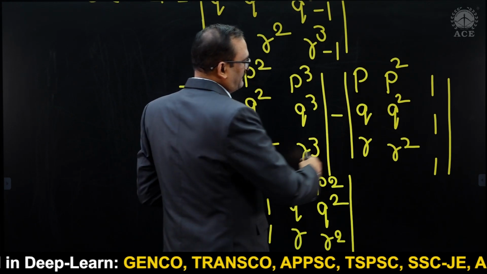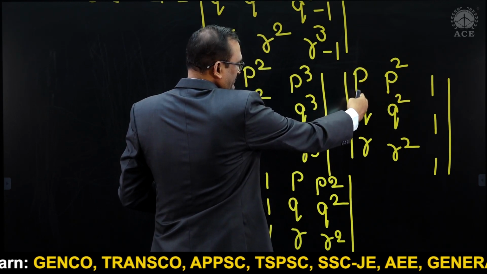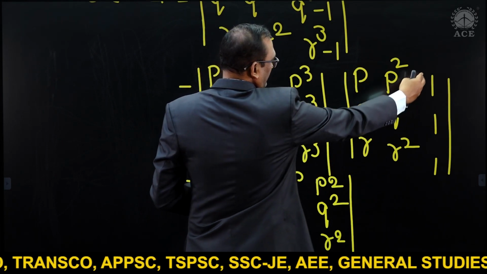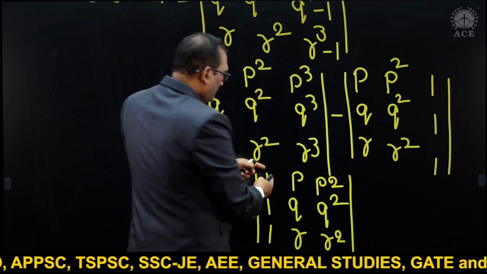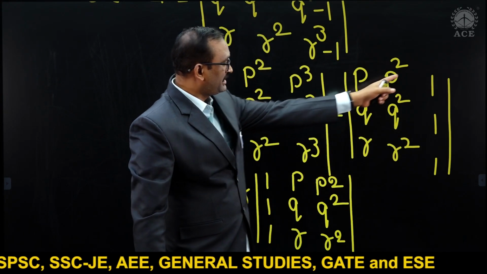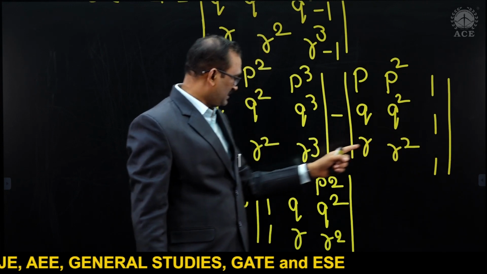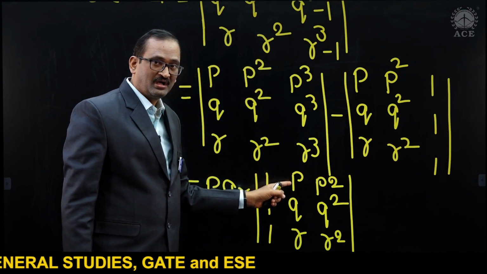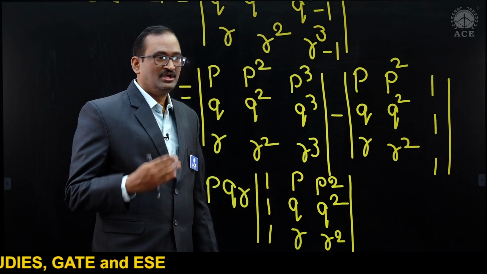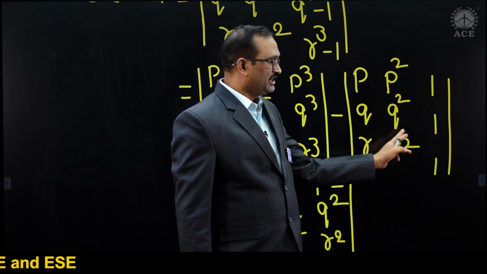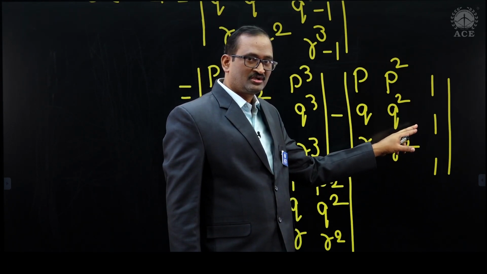When you interchange the first and third columns, here it becomes 1, 1, 1. Here it becomes PQR. So you'll get 1, 1, 1, but here it is becoming PQR. But this PQR is in the second column's place.